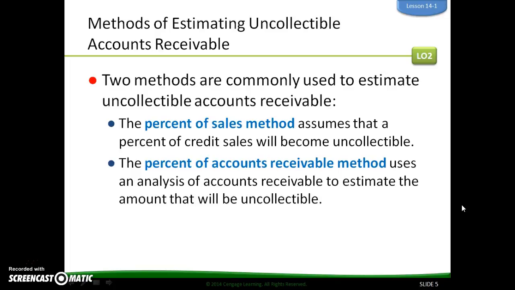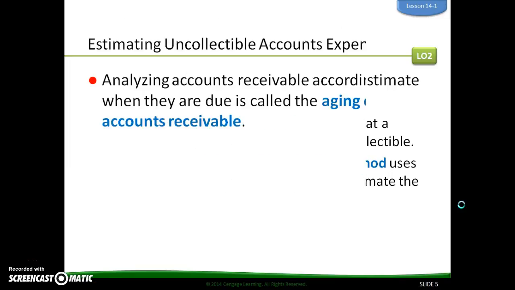One of these is the percentage of sales method, which is actually pretty easy, and you just go ahead and establish a value based on your ability to collect previously, and you say a percentage of all our sales is going to be uncollectible, and that's what we anticipate we're going to be writing off. The other one is the percent of accounts receivable method that really analyzes accounts to be able to estimate how much is going to be uncollectible.